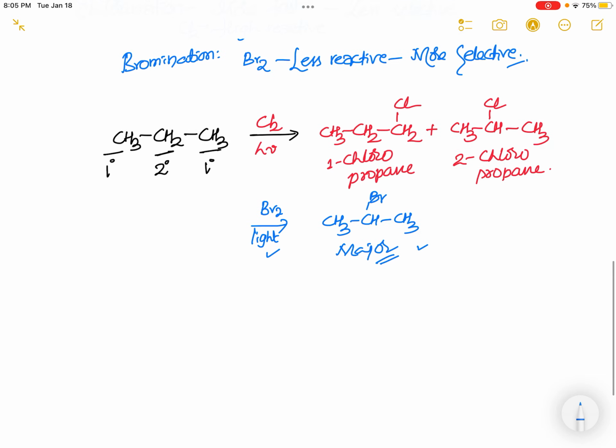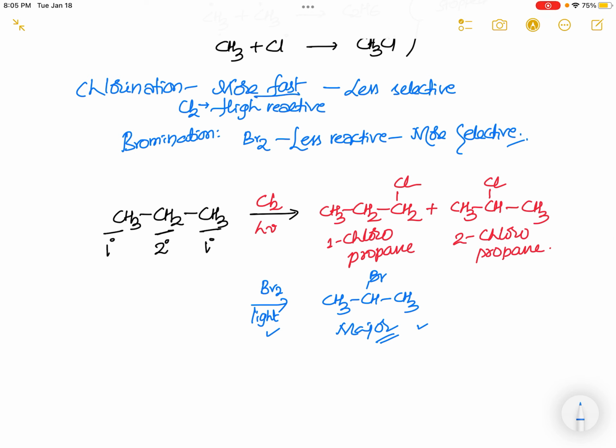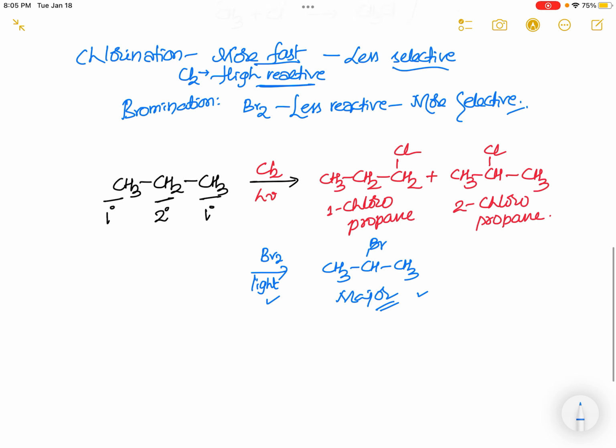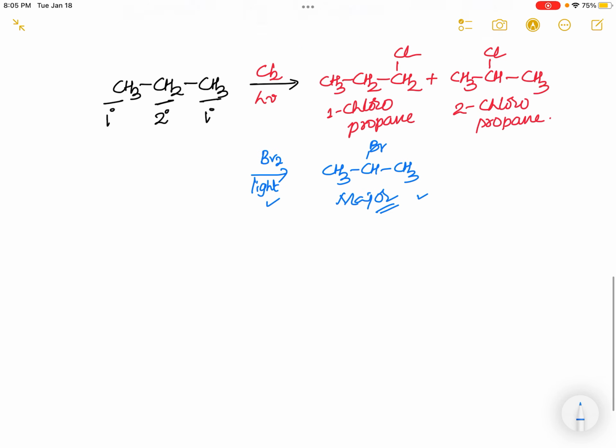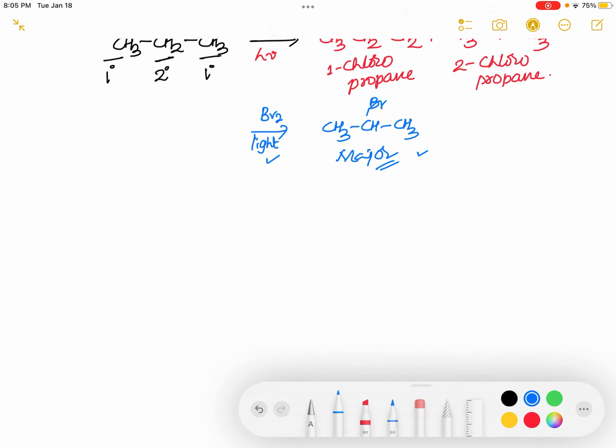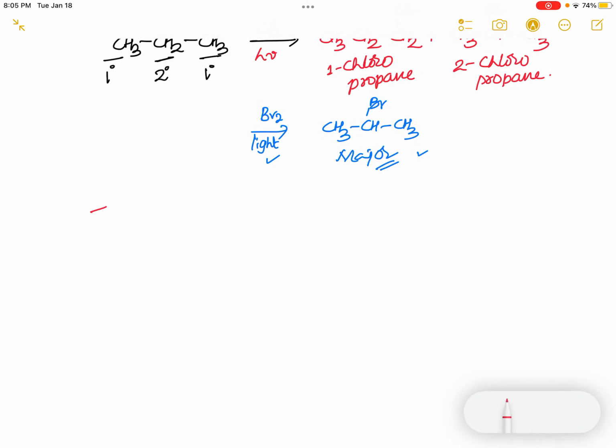Chlorination is very fast, more fast and highly reactive, you can say, less selective. So whatever places are available, it is going to occupy all places. But bromination is very, very selective. So you can take this reaction also. For example, butane you have. If you want to go for chlorination as well as bromination, light, heat.